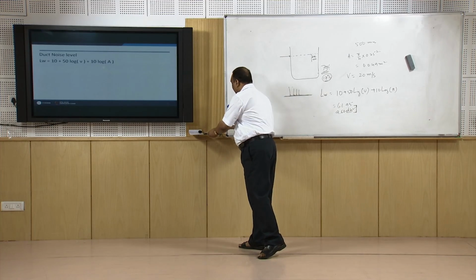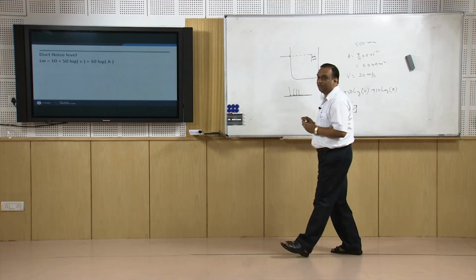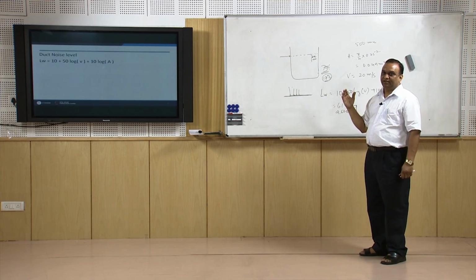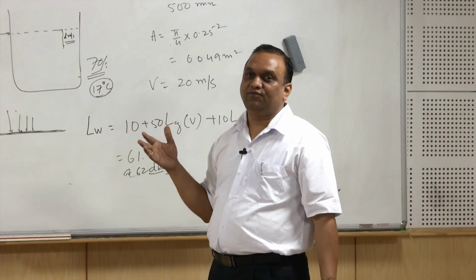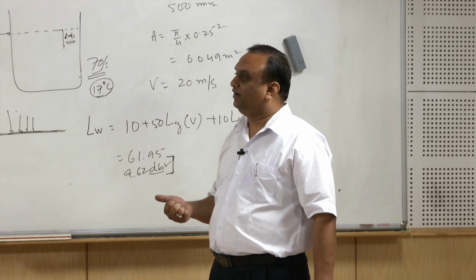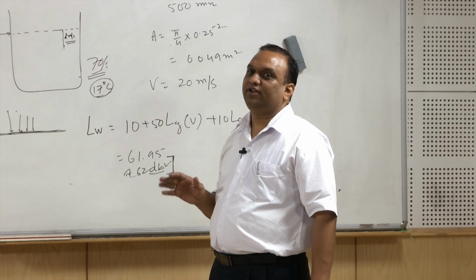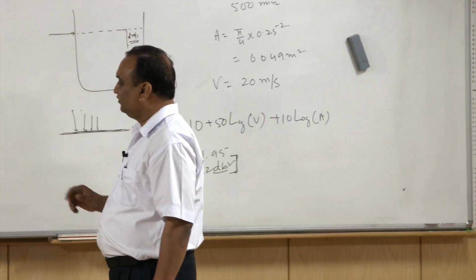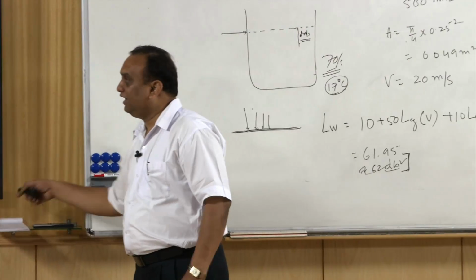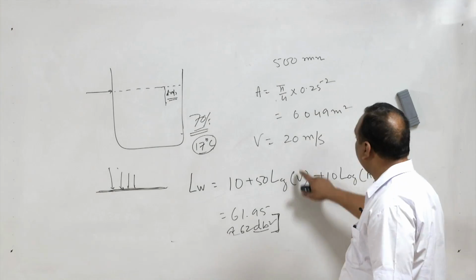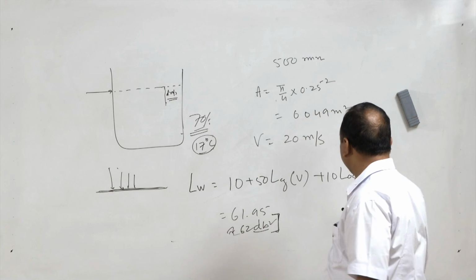If the sound level in a duct is high, you may feel comfortable thermally, but otherwise you will not be comfortable in that occupancy where the noise level is very high. So noise is one of the criteria for designing the size of the duct, because if we increase the velocity, the noise level will increase.